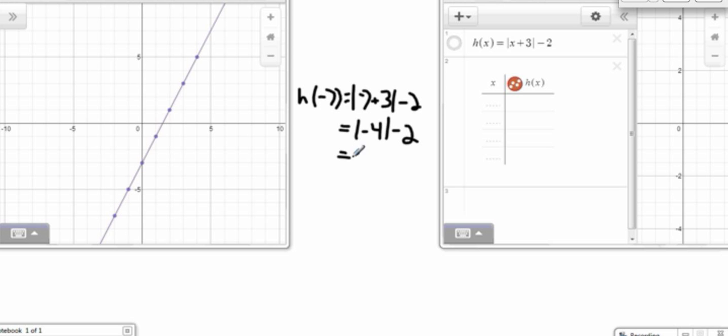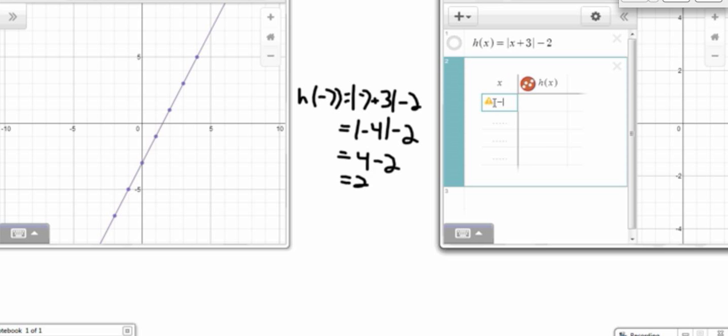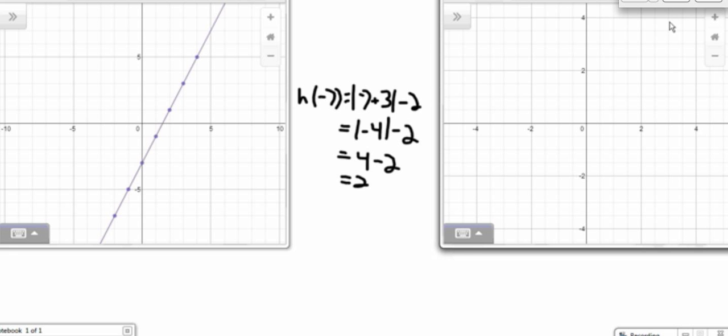So -4 is 4 away from 0. So the absolute value of -4 is +4. So we have 4 minus 2, which of course is 2. And we can look at Desmos and see if Desmos agrees with us. We can put -7 right in there, and indeed 2 comes out. And we can see that plot, -7, 2 on the graph.